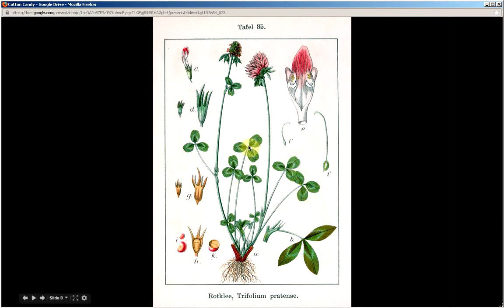Here we see that the leaflets, and we'll see in future slides actual pictures of this V shape in the leaflet, which is technically referred to as a chevron shape. This chevron can be white or light green.